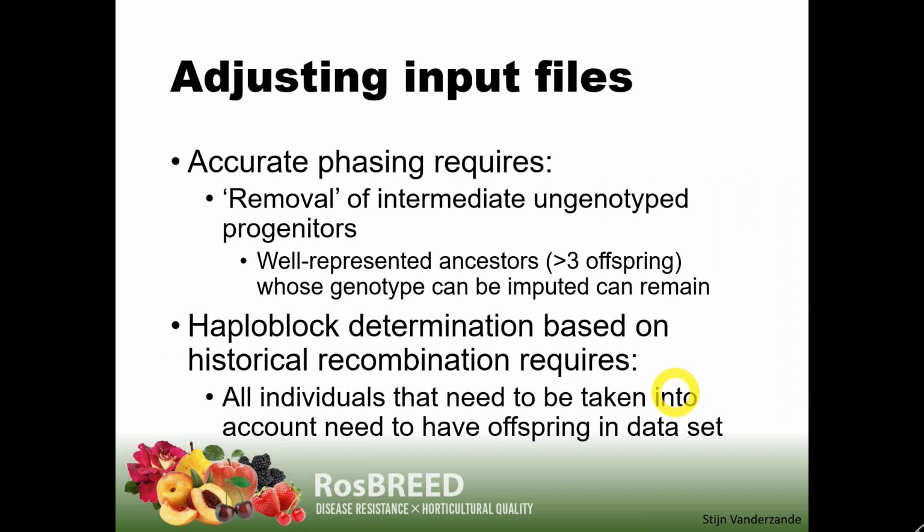So if we want to use visual FlexQTL to determine our haploblocks, we need accurate phasing. We need to be very sure which alleles are on the one homolog and which alleles are on the other homolog. Before, when we were doing our error checking, I said that FlexQTL checks over generations.